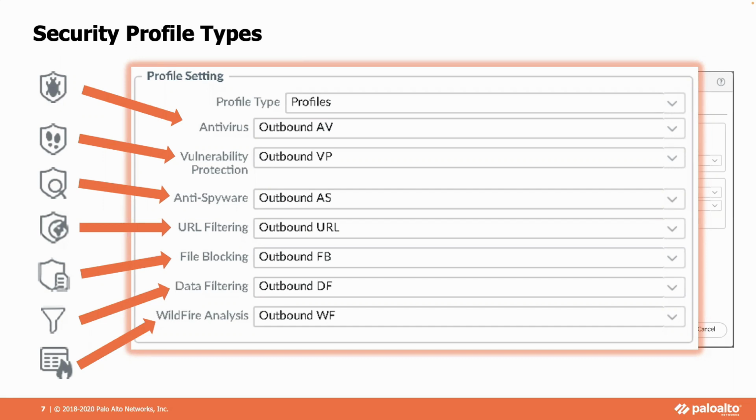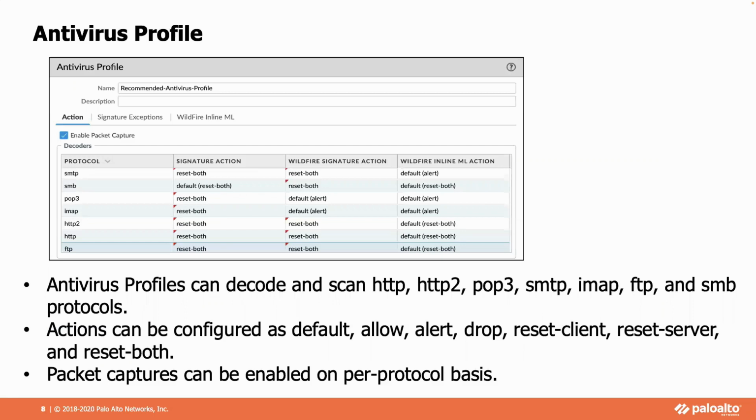We'll take just a moment and talk about the different profile types. So antivirus is used as a signature-based protection. It's used to protect you from known viruses, inbound and outbound, and scans HTTP, SMTP, POP3, IMAP and all kinds of different protocols.